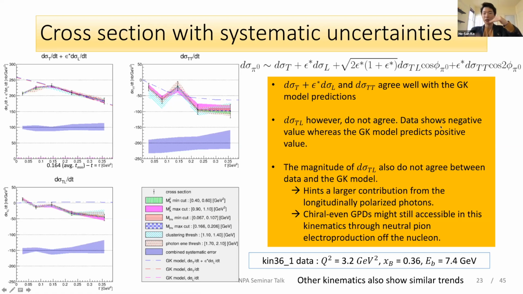By this fitting, these terms, this sigma TL, these terms that we want to extract, can be negative or positive depending on the fitting. I see. So you measure the variable on the right, this d sigma pi 0, and then you fit the magnitudes of the cos phi and the cos 2 phi that you're showing. Okay, basic. I got it. Great. Thank you.